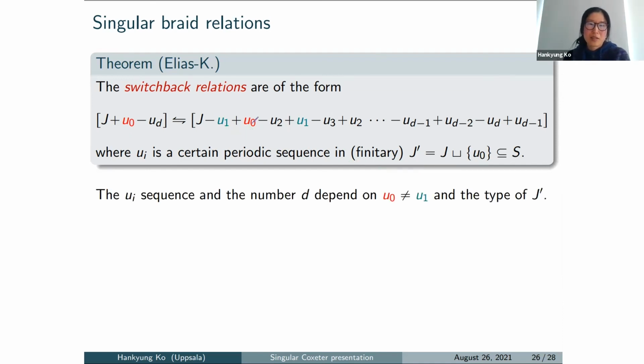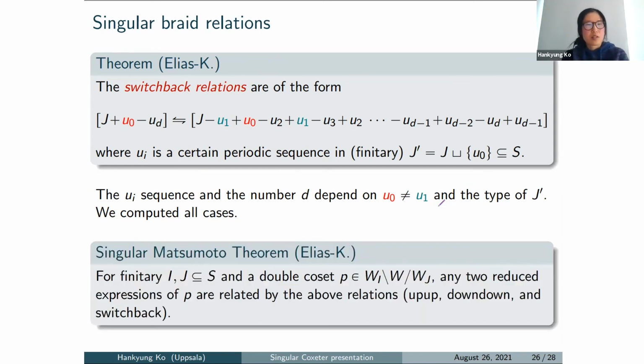Okay, so this number D depends only on where you start and the type of J. It doesn't matter which S and which W you have, and that's why we can compute these relations in all cases using the classification of finite Coxeter groups.